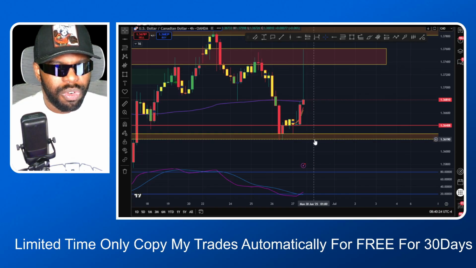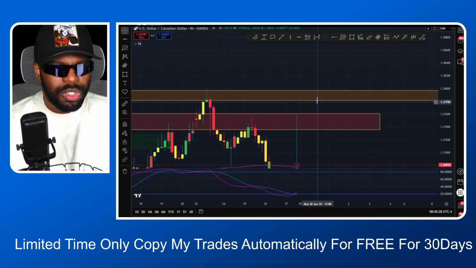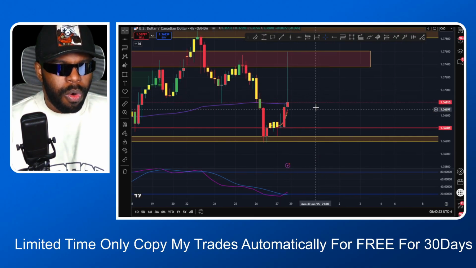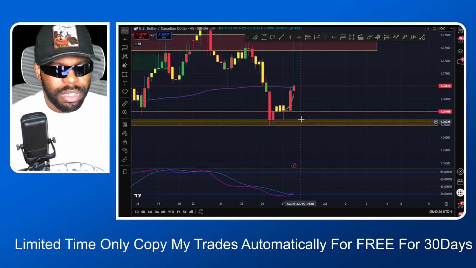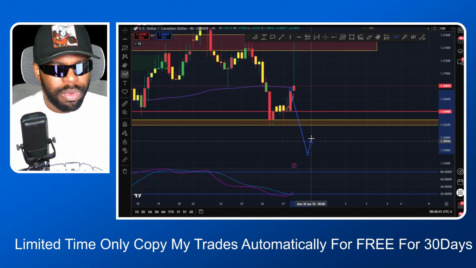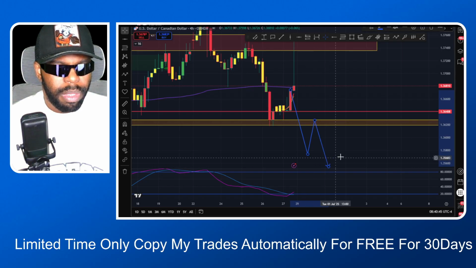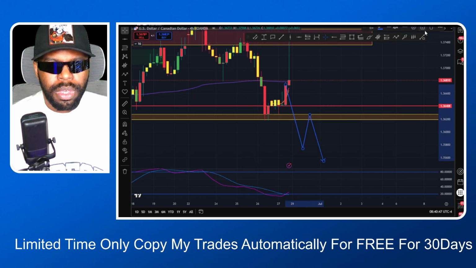Okay, I want to see a strong rejection off of this zone here at the bottom here. I want to see a strong rejection off of this zone, or I want to see a strong break and retest and pull back to the zone, and then maybe look for some sales. Okay, so we'll see.